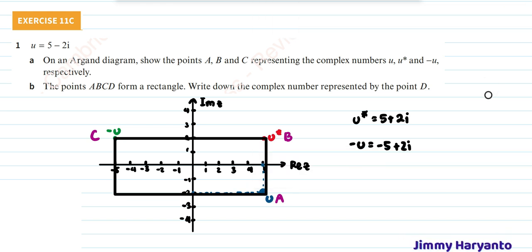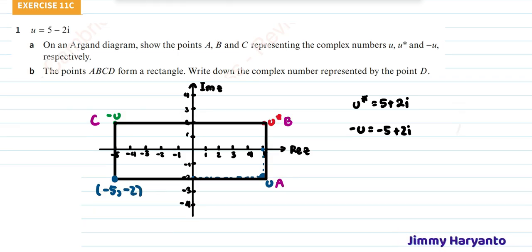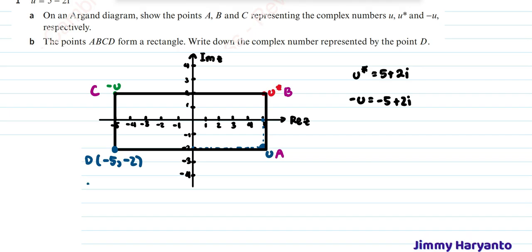So the coordinate of D will be right here, and the coordinate is negative 5, negative 2. That means the complex number represented by D is z equals negative 5 minus 2i. That's it.